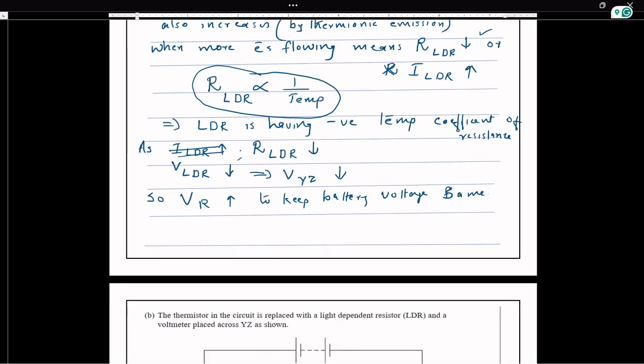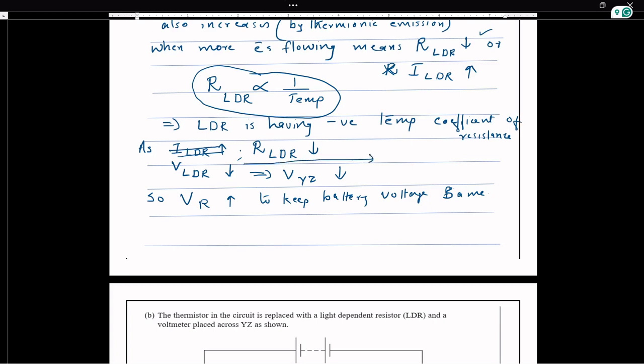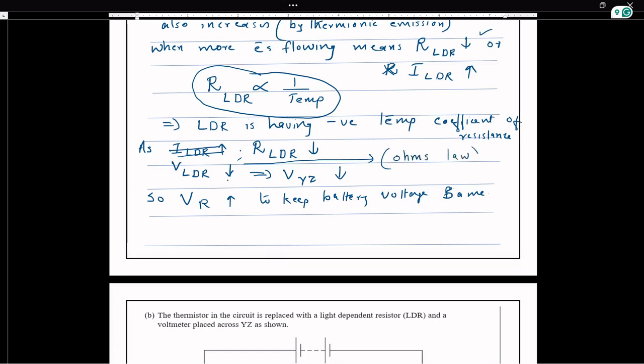This drop is decreasing according to Ohm's law, V is equal to I times R. When R decreases, the LDR voltage is decreasing. Therefore, the voltage drop across the fixed resistor is increasing.